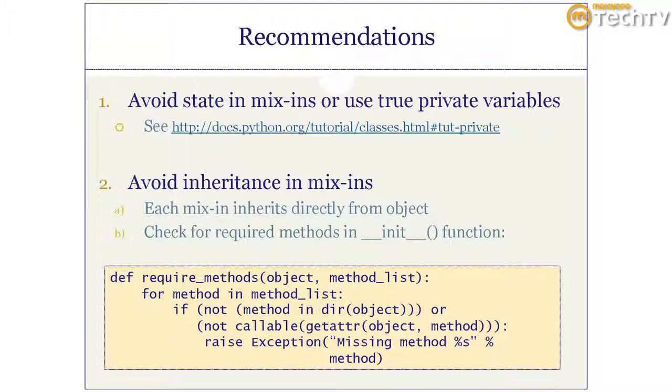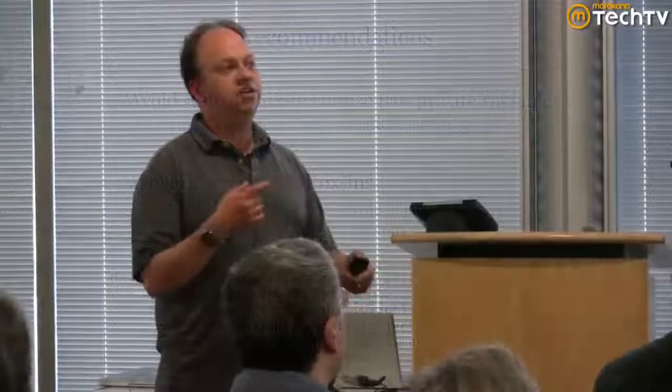Here's some code that looks through the attributes. You tell it, here's my object, here's the methods I need, and it checks that they're defined by some class in your composition. Then you can document it in your class docstring, saying I need this method. When you try to instantiate the class, it'll check that it's there. If you do this, you can combine these mixins in any order and you don't have problems.